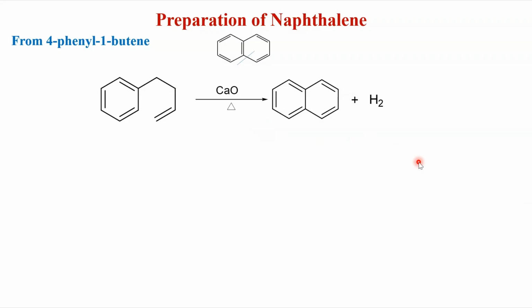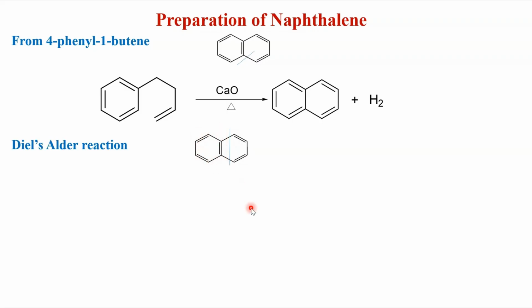Another person, instead of copying this method, looked at the molecule construction in a different way. Instead of splitting over here, he split the molecule like this. If I remove this part, it is benzene.